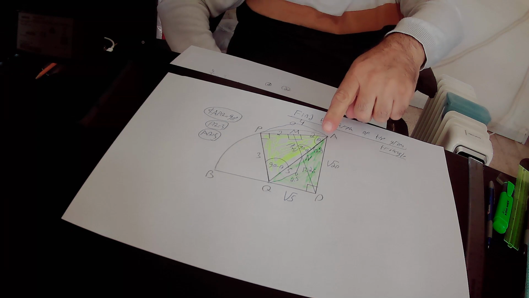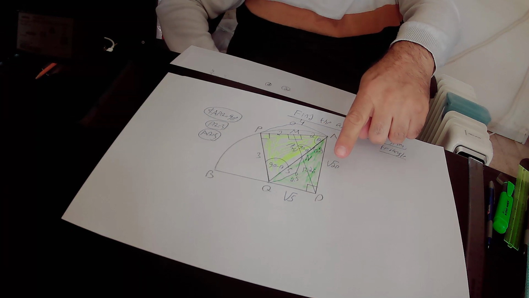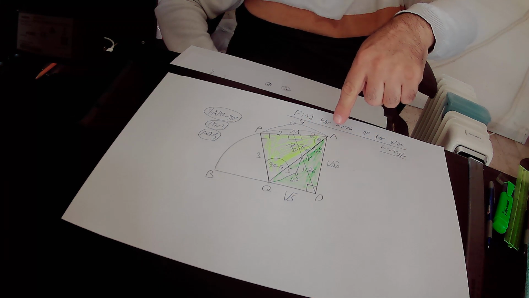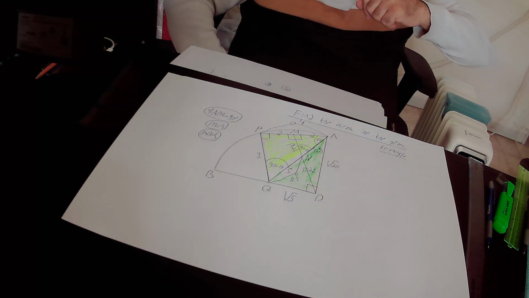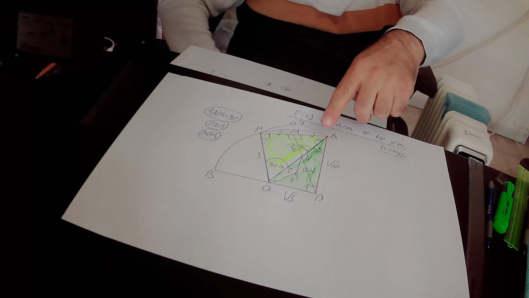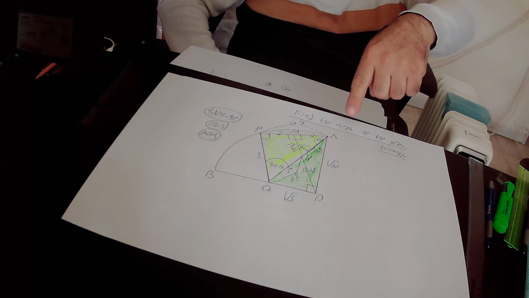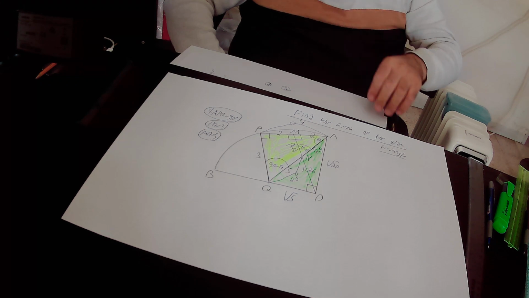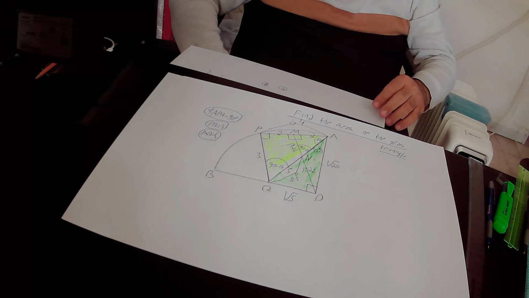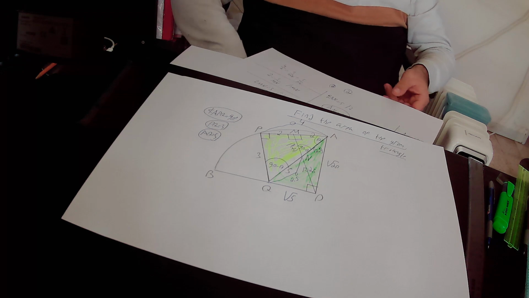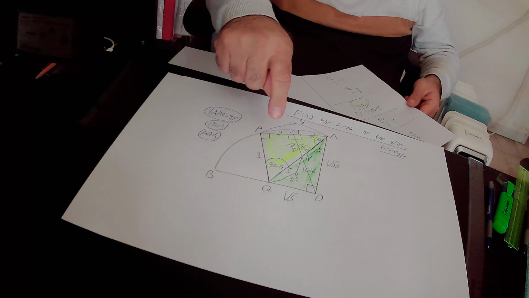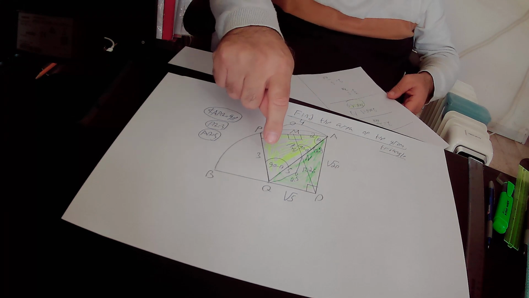Then we define the intersection point between perpendicular OM and line segment AQ as N. In the next step, we prove that the small right triangle AMN is similar to the big right triangle APQ.